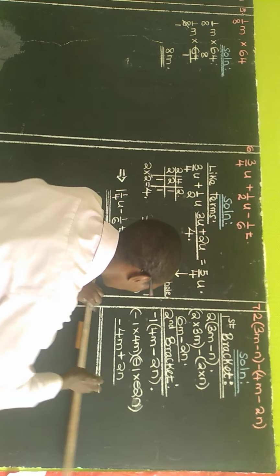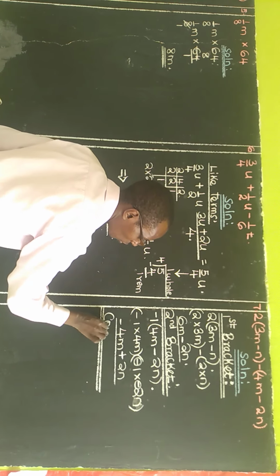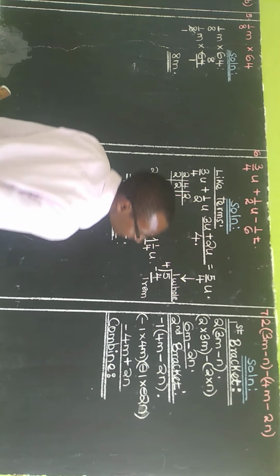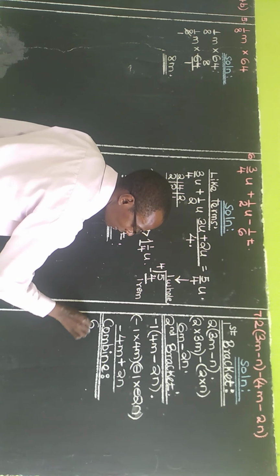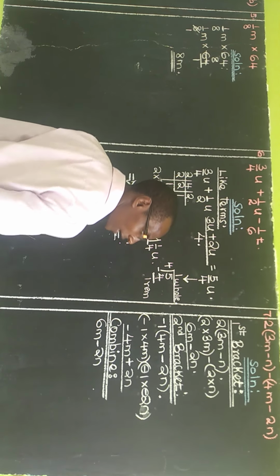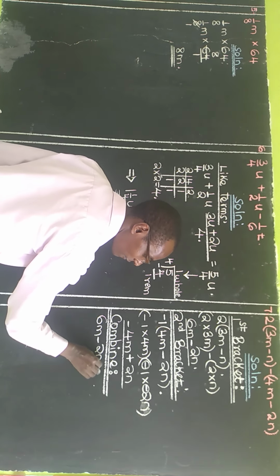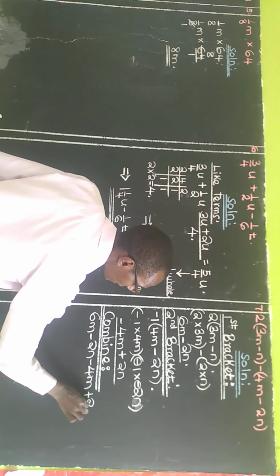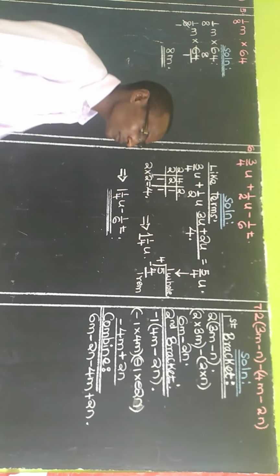We combine the first bracket and the second bracket. The first bracket we have 6m minus 2n. The second bracket you have negative 4m plus 2n.